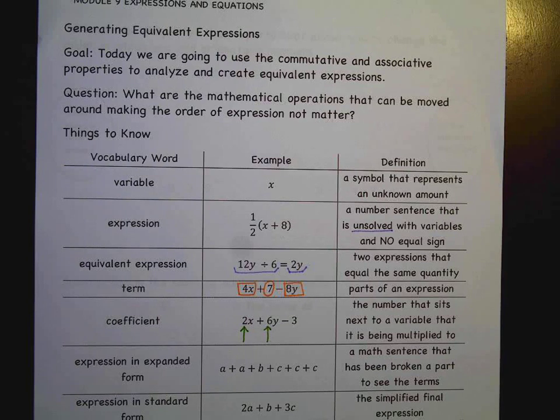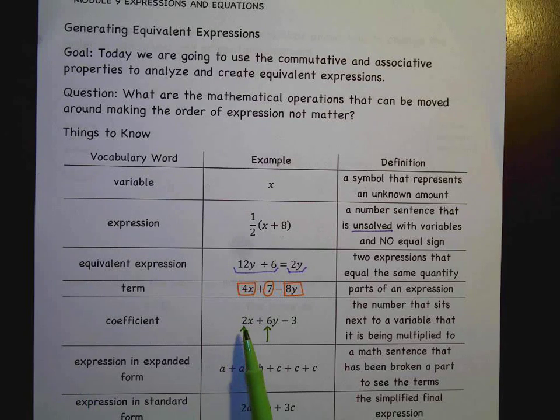When it's sitting next to the variable, it's telling you I have 2 x's and I have 6 y's, and then I am going to subtract 3. 3 does not have a coefficient because it doesn't have any variable. So the key to understanding a coefficient is that it's the number being multiplied to the variable.